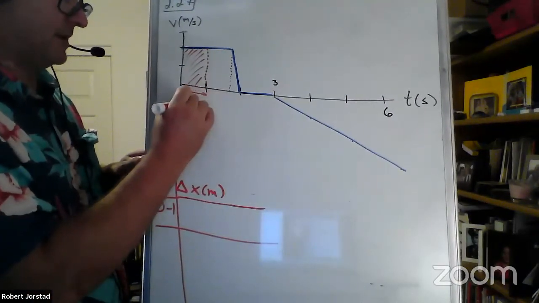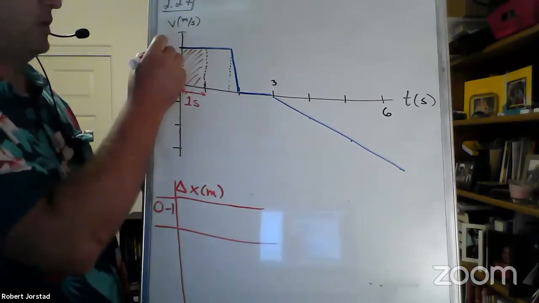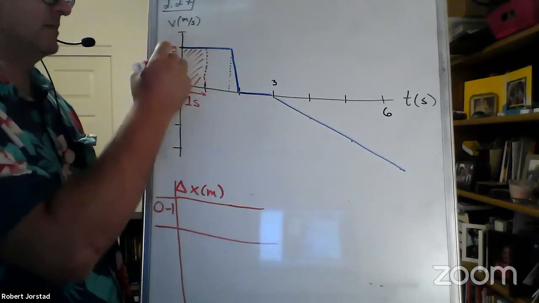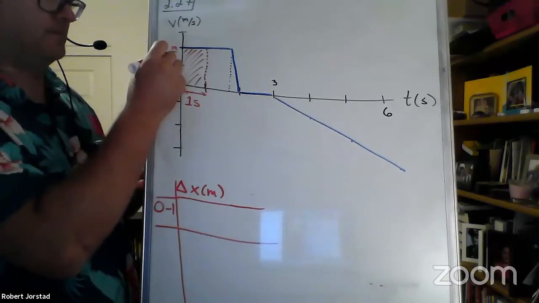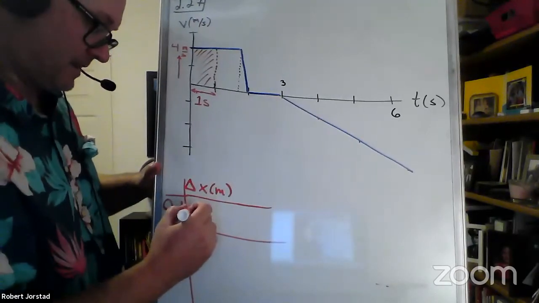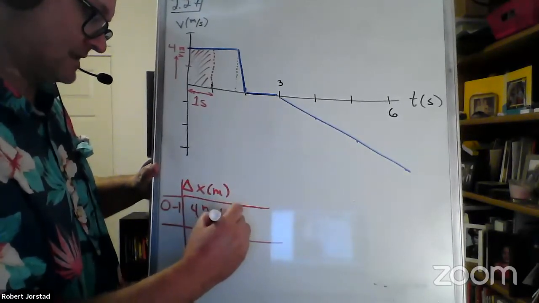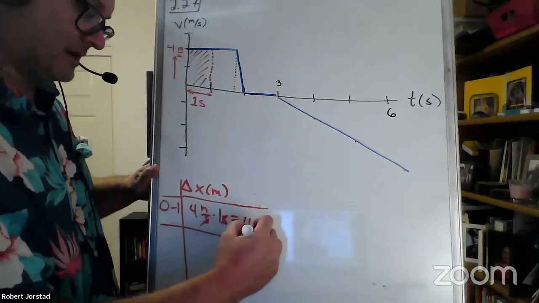It's just limited whiteboard space. It's 1 second long. It's 4 meters per second tall. Right? So then it would be just the area. 4 meters per second times 1 second equals 4 meters.